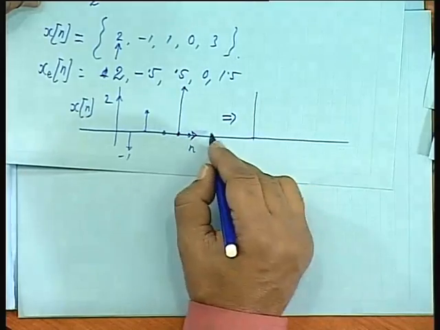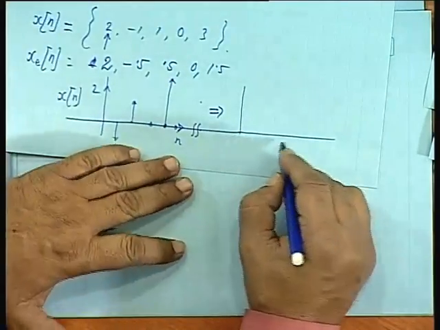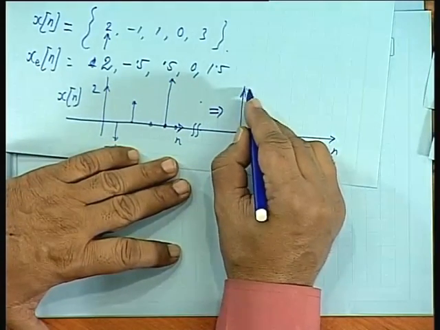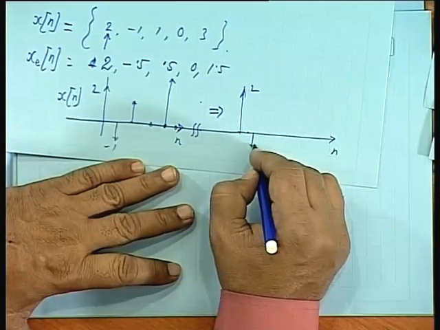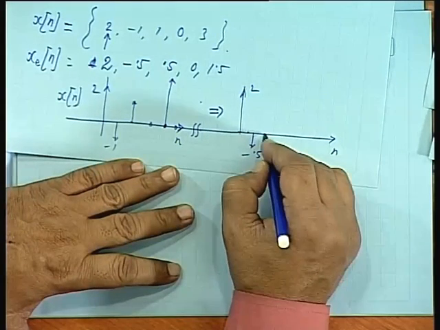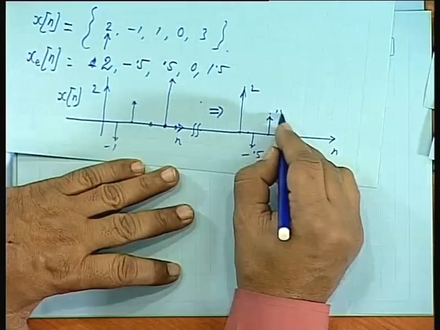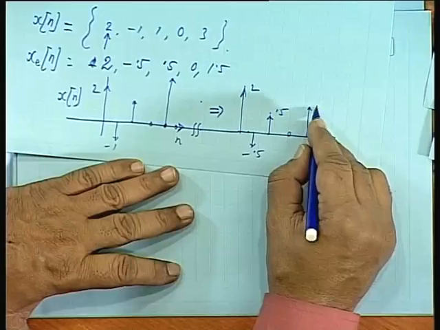This is n. There is a break here. Then the even part will be 2, then minus half, then plus half, then 0, then 1.5.